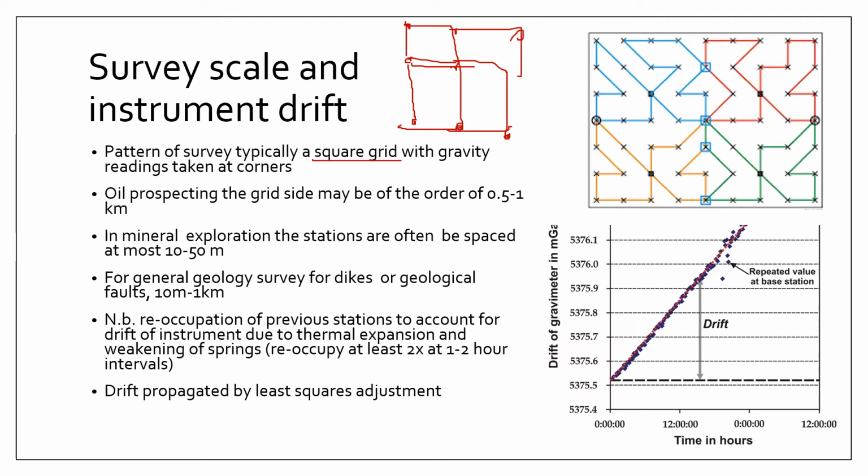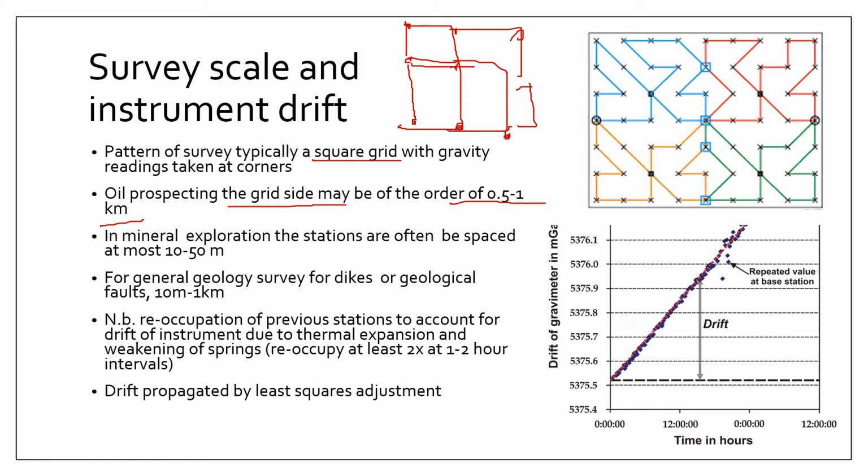Now, when you are talking about oil exploration, the size of that grid will be in the order of 0.5 to 1 kilometer. So we are talking about huge grids when you're talking about oil exploration.